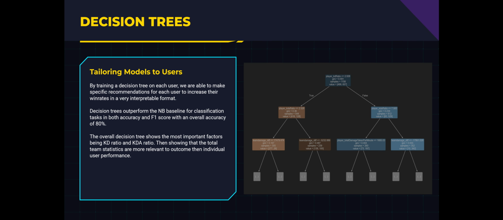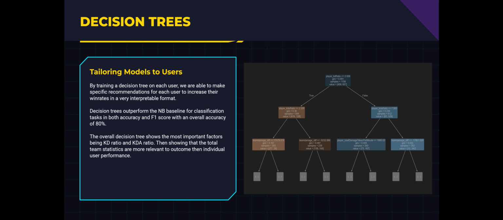The second classifier that we used was decision trees. The main purpose of this one is to tailor specific models to users. Decision trees give a very interpretable output that can easily be understood by someone who is not a data scientist, as shown on the graph on the right here.